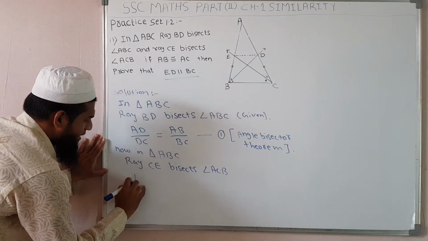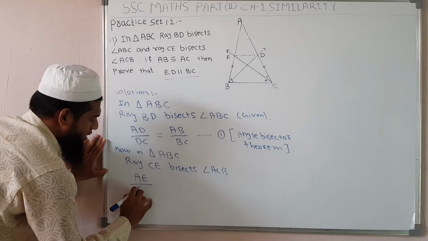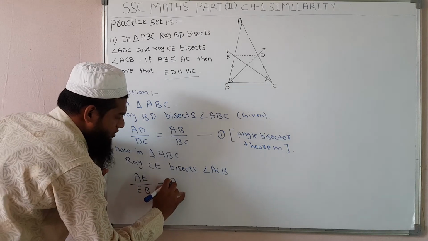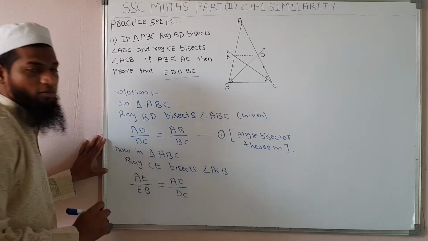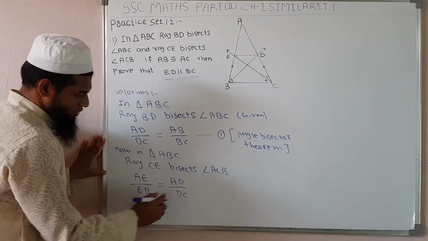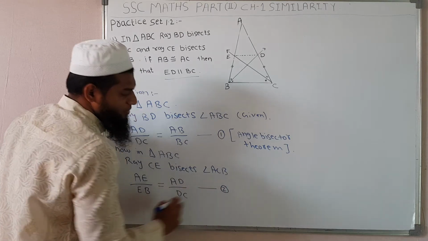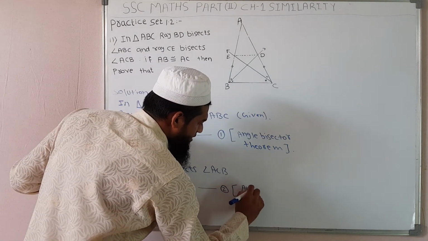So we can write that AE upon EB is equals to AD upon DC. Give it as equation number 2. What is the reason? Reason is angle bisector theorem.